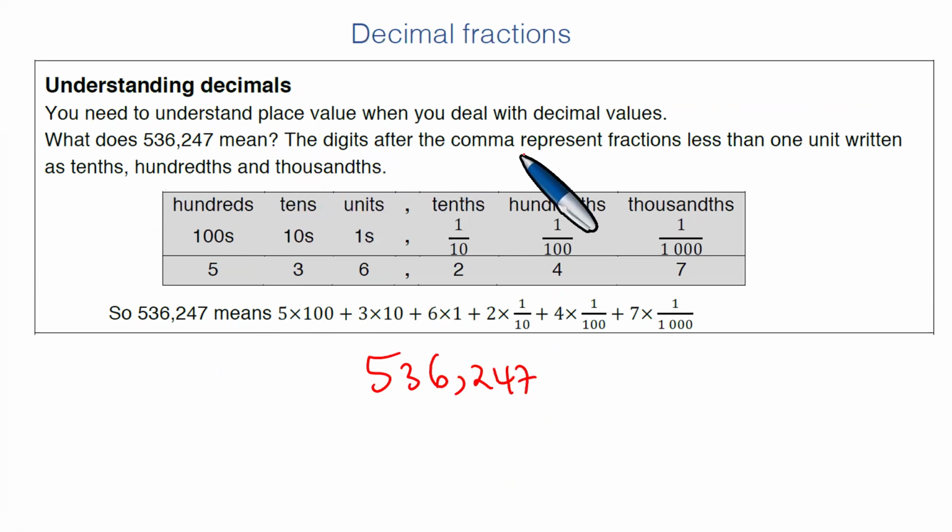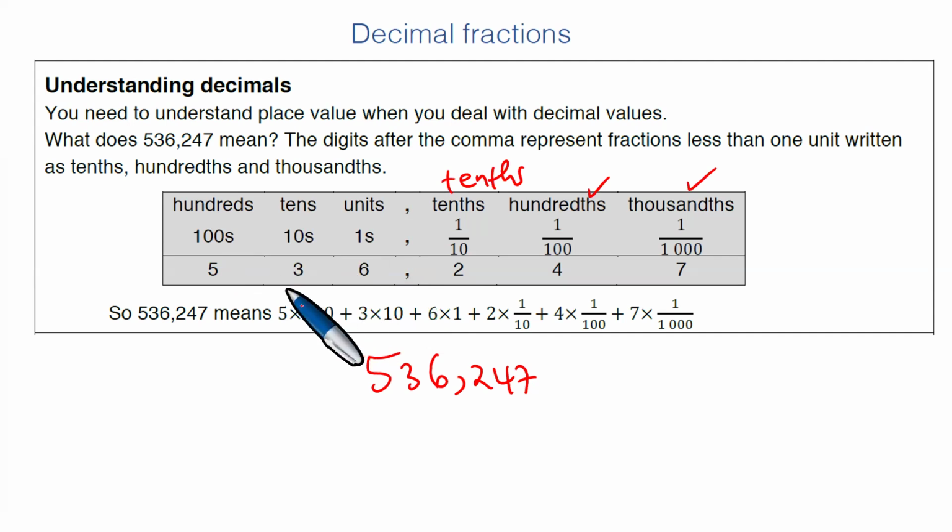The digits after the comma represent fractions less than 1 unit, written as tenths, hundredths, and thousandths. So there are tenths, there are hundredths with TH, and there are thousandths with THS at the end. So these are the units.